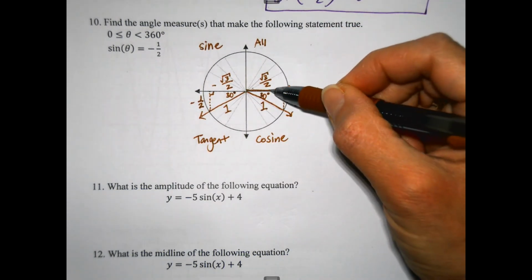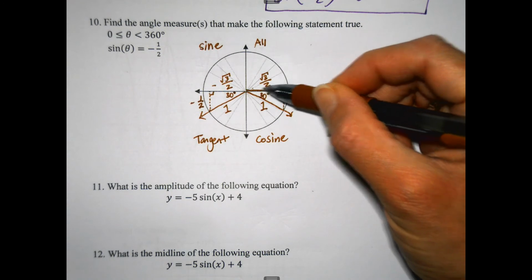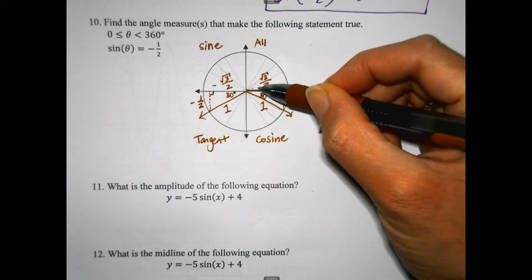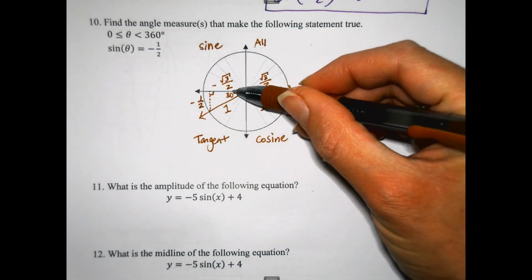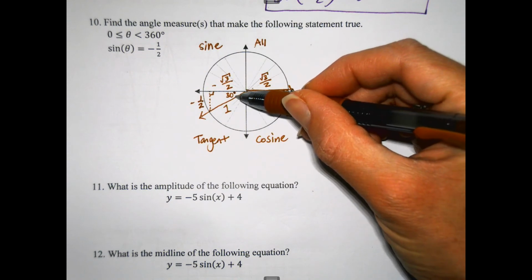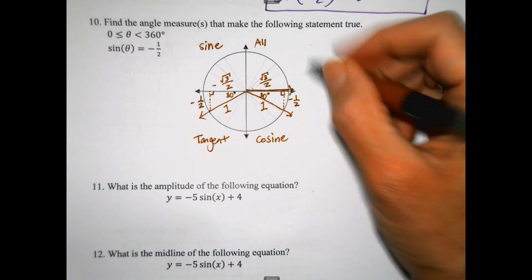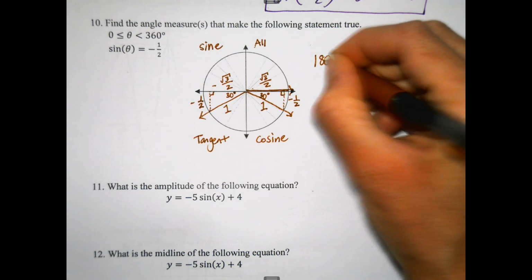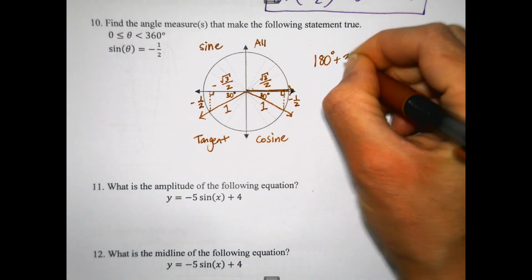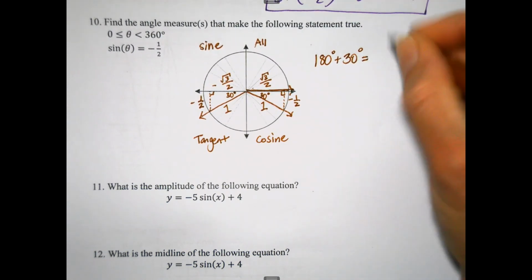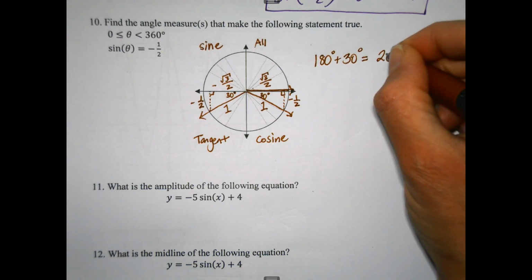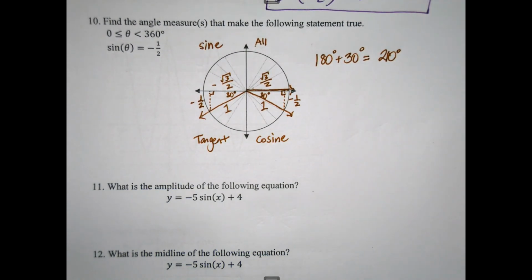We need to find out what angle starts on the positive x-axis, rotates counterclockwise, passes 180 degrees, and stops 30 more degrees after it. Or 180 plus 30 degrees is how much? That happens to be 210 degrees.